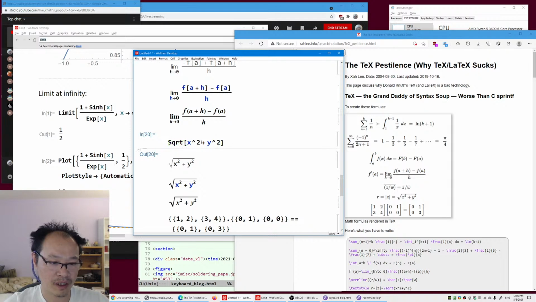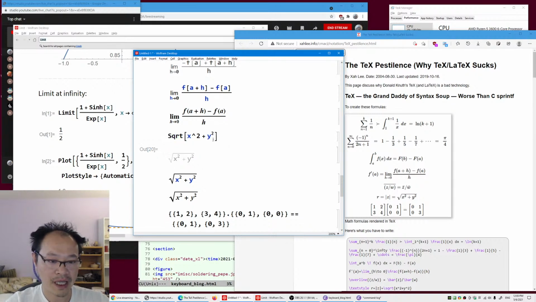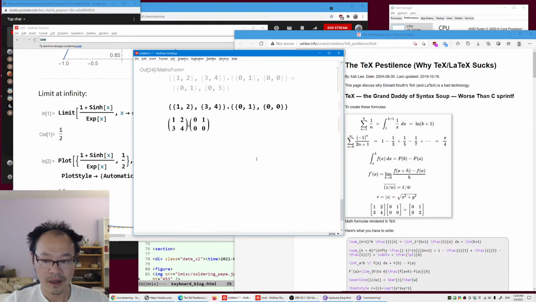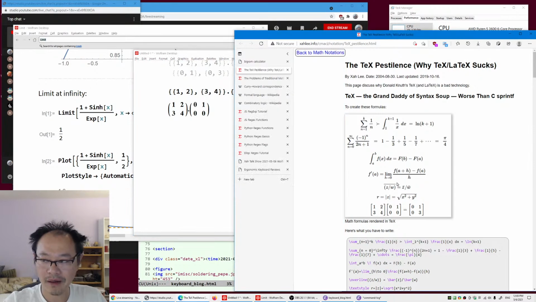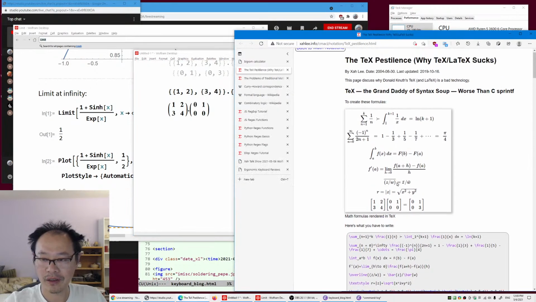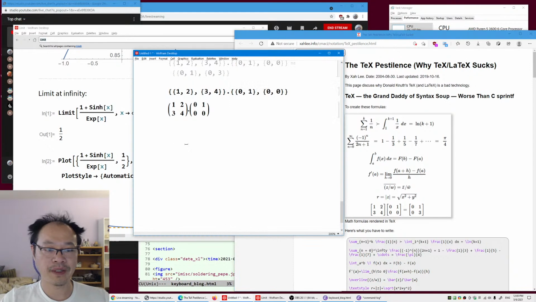For example, this y squared, I can just select that expression and press Ctrl-Shift-N to make that part rendered as a two-dimensional math way. Okay, that's about Mathematica Wolfram language typesetting capabilities.